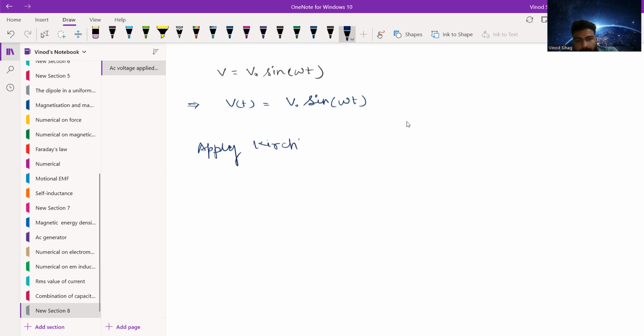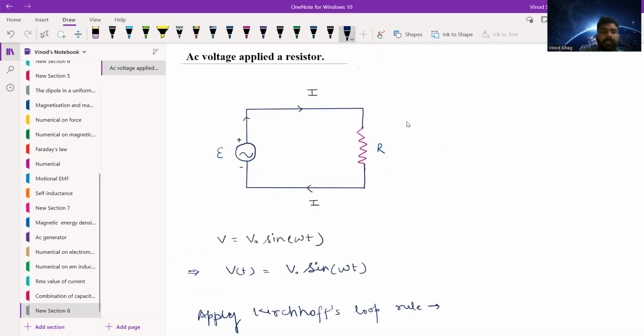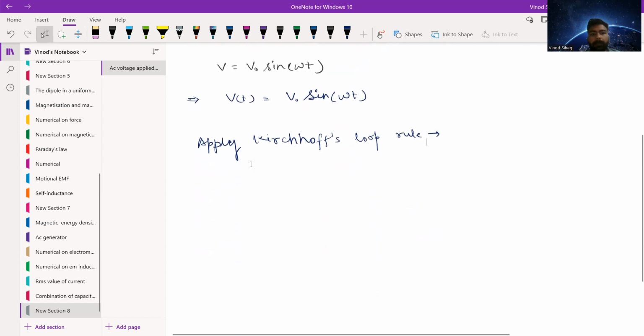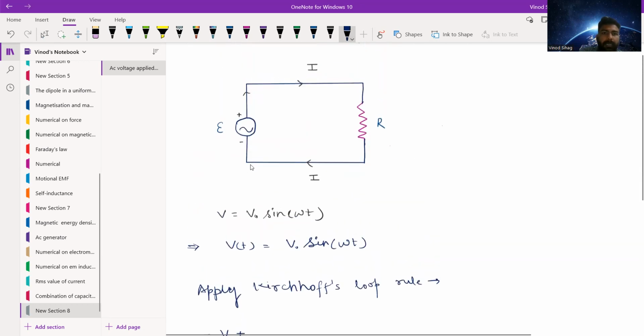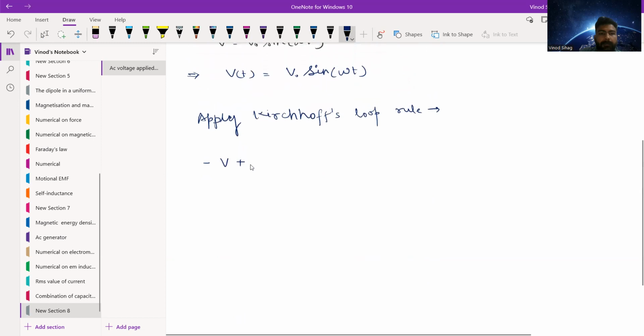apply Kirchhoff's loop rule. According to that, we will start from the external AC source, and then we'll move to the resistor R. So it will be minus V plus, because we are moving in the direction of current flow, so it will be plus IR equals 0.